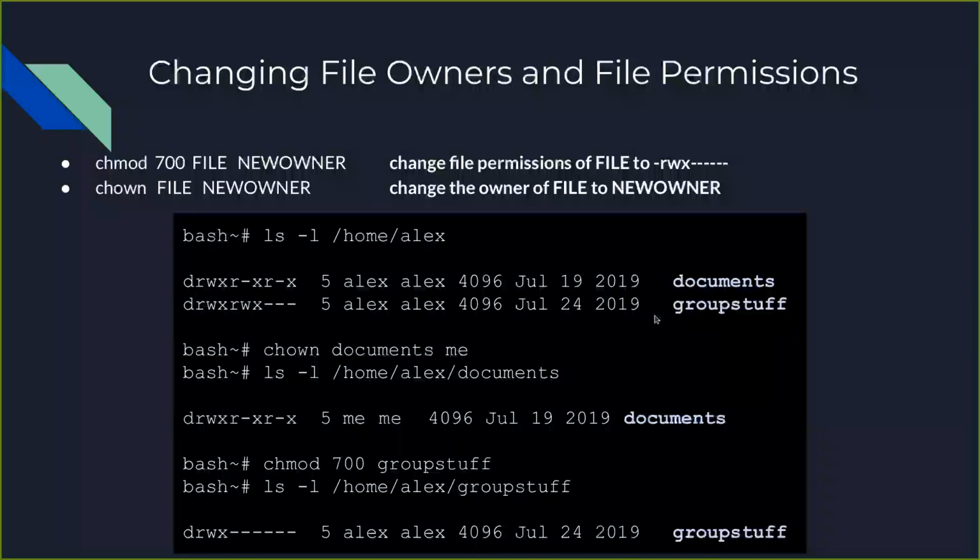If I wanted to change that, say for example my group dissolved or I left that group, and I wanted it so that only I was allowed to mess with those files, then I could type chmod 700 group stuff. What this would do is change the file permissions on this directory called group stuff to just read, write, and execute for the owner, me, and no permissions for anyone else.